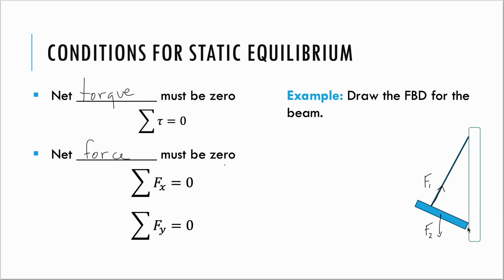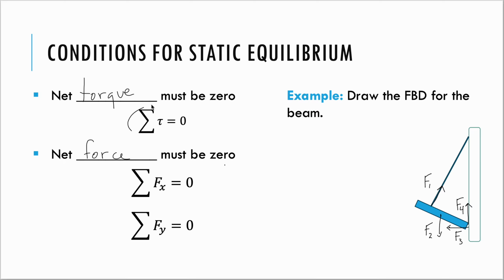And then at the wall, there's a normal force to the left perpendicular to the surface. I'll call that F3. And then there's also a friction force, assuming there's no hinge here, that the beam is just held by friction. The beam wants to go down, so the friction is going to act upward to oppose that motion. So we have 4 forces acting on this beam.